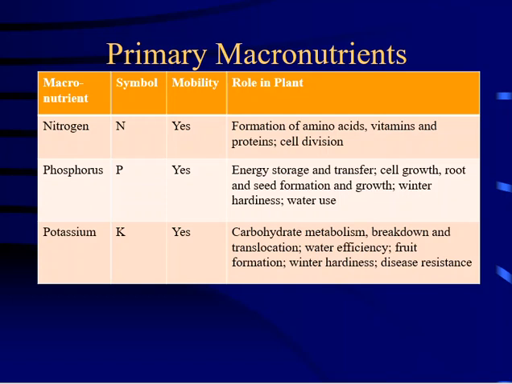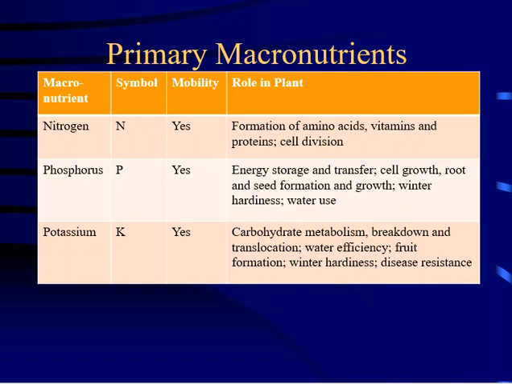Say the nitrogen comes in through the roots and is built into the protein of the leaf. If nitrogen is needed somewhere else in the plant and it can't get any more from the soil, can that plant move it from the leaf to where it's needed? And the answer is yes. And the role of the nitrogen in the plant is formation of amino acids, vitamins, and proteins, and cell division.